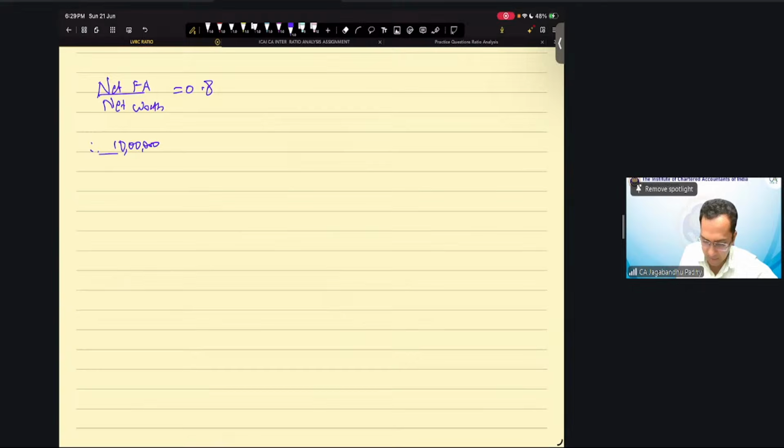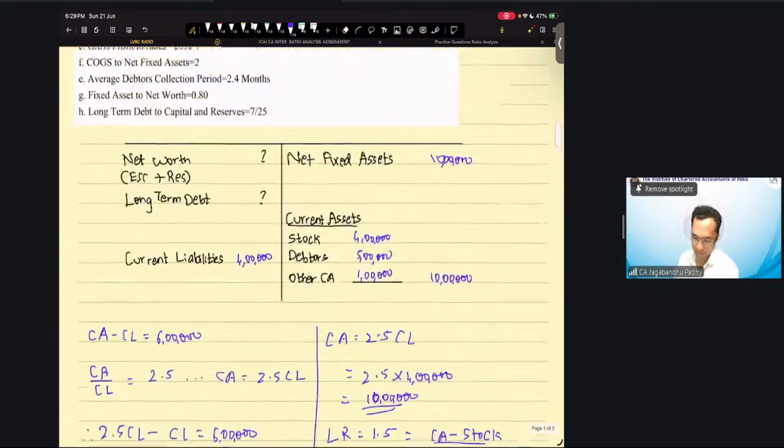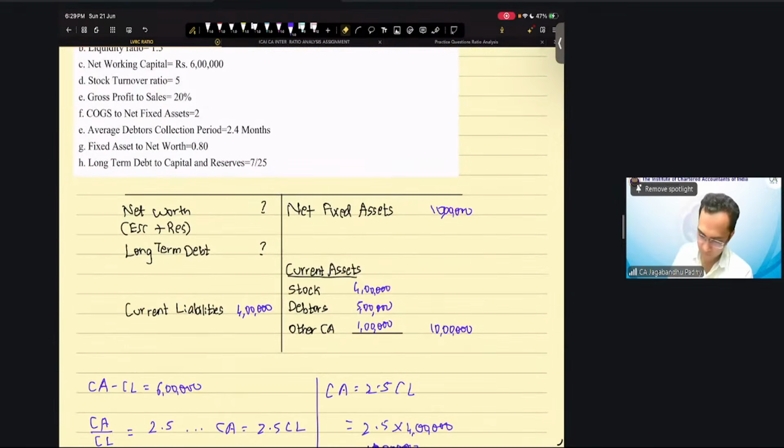So 10 lakh upon net worth is 0.8. How much is going to be the net worth? 12 lakh 50,000. Yes. Net worth is 12 lakh 50,000.